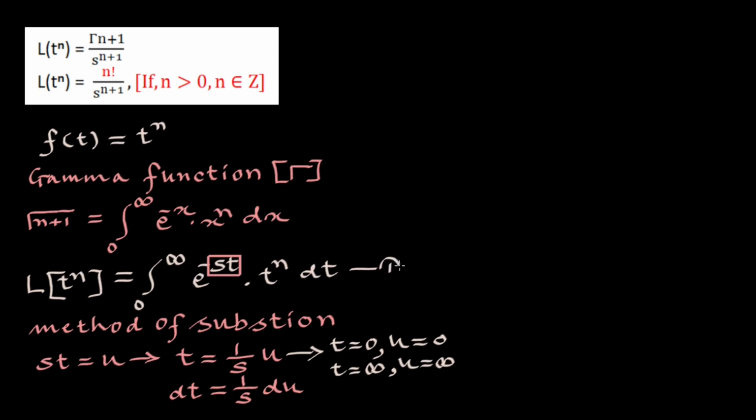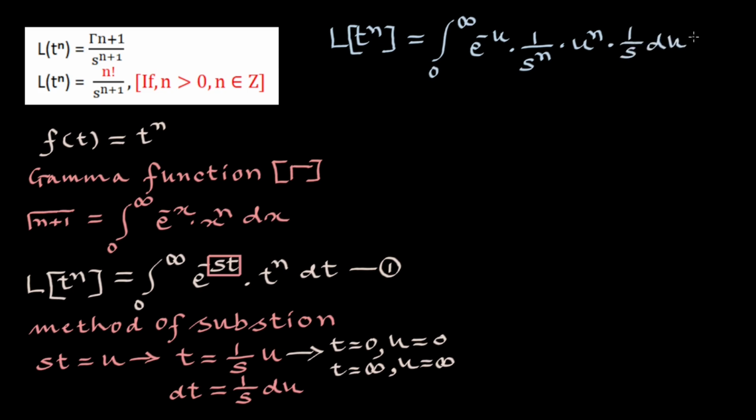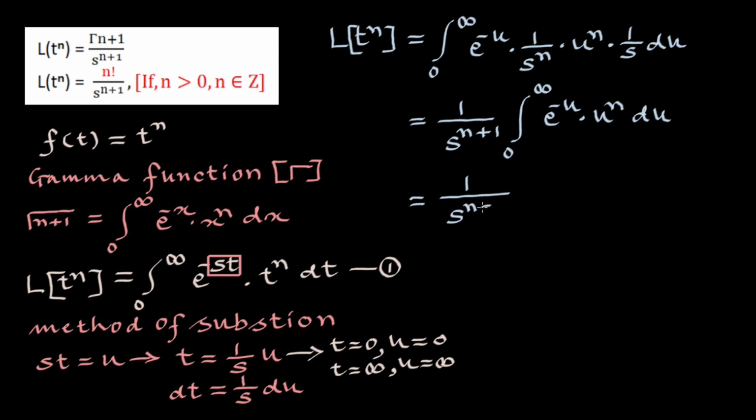Therefore, this integral changes to integral from 0 to infinity e raised to minus u into 1 upon s raised to n into u raised to n, and for dt, 1 upon s du, which is 1 upon s raised to n plus 1 integral from 0 to infinity e raised to minus u into u raised to n du.